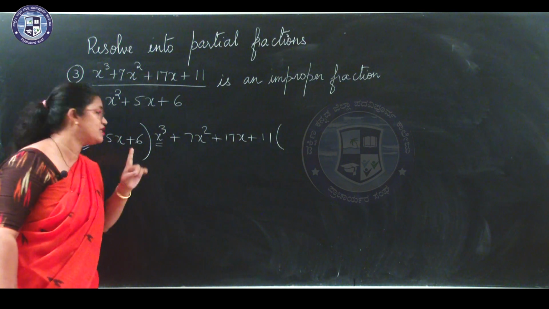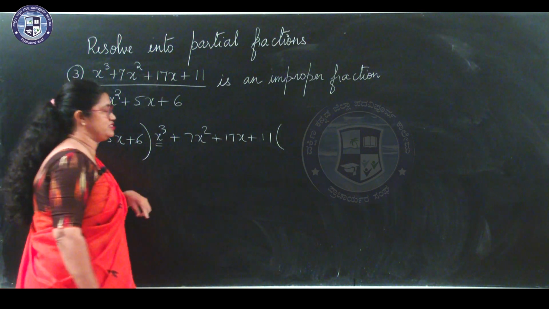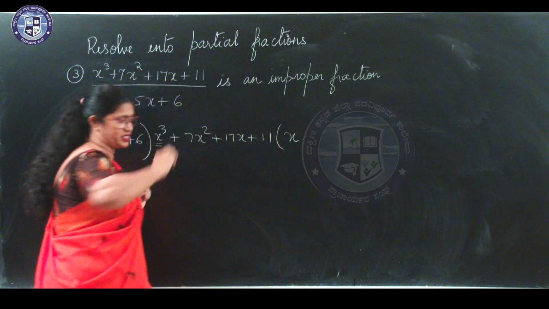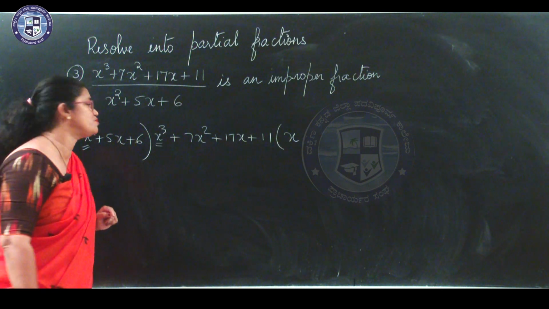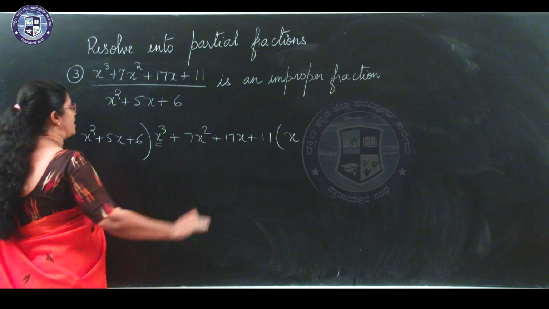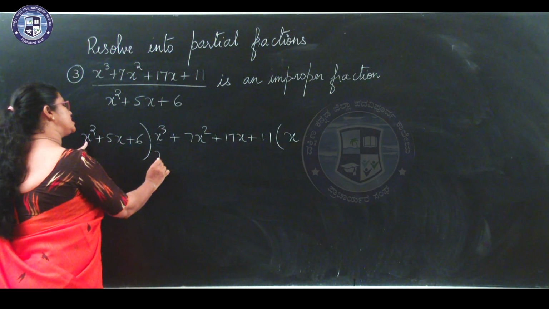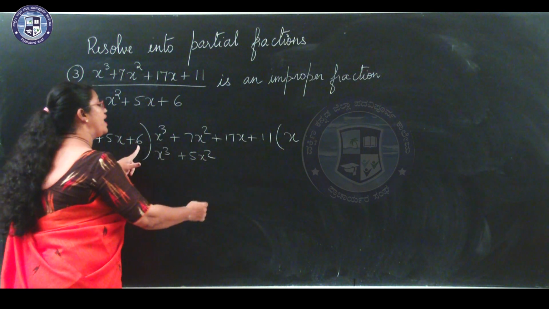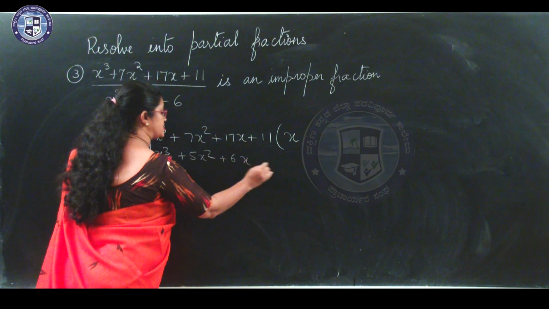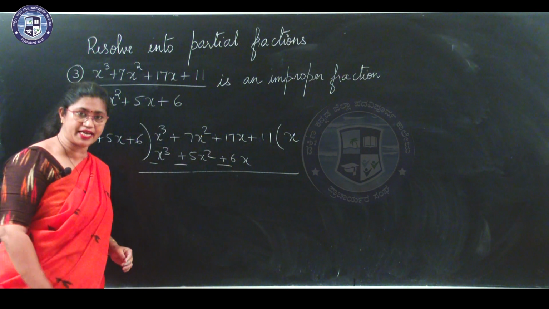So, quickly think, x³ divided by x², yes, this is easy, equal to x. So, my next step is to multiply all the terms by x. x² into x gives x³, 5x into x gives 5x², and 6 into x gives us 6x. And then I need to change the signs for subtraction.